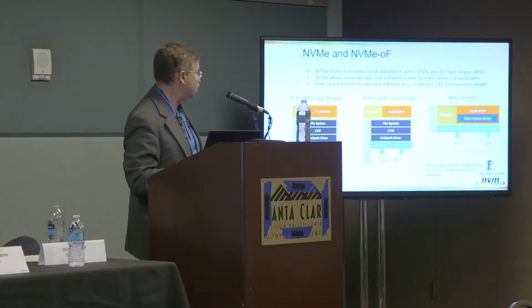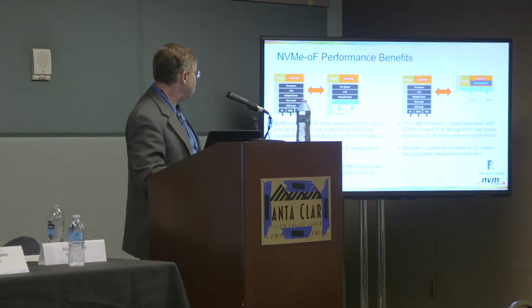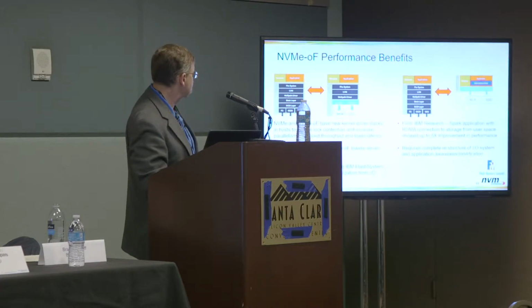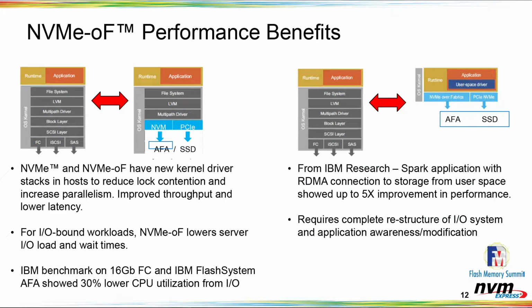So really big modification. So you might ask, and I did, what's the difference in performance between these different models? Two comparisons. One comparison is the original SCSI stack to the soft modification where I pull out SCSI and stick in NVMe over Fabric. And then the one on the right is the original SCSI stack compared to the radical approach, let's go reinvent the way applications deal with persistent memory.